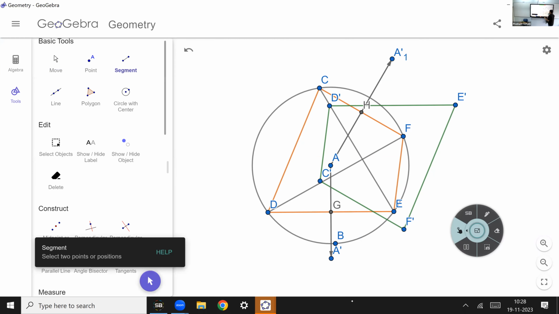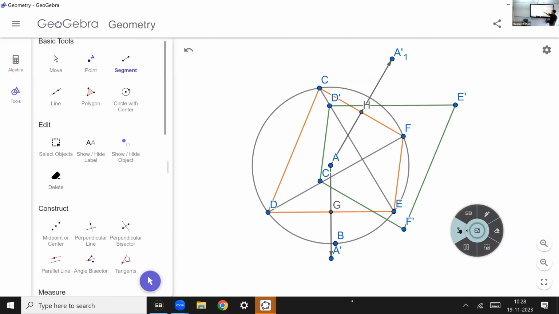Okay. So just to show that again in the diagram, take triangle CDE for example. The orthocenter of CDE is C, right? And the remaining fourth point which was not used was F, right? So look at the midpoint of CF. Let me just draw the midpoint. I will not draw the line segment.